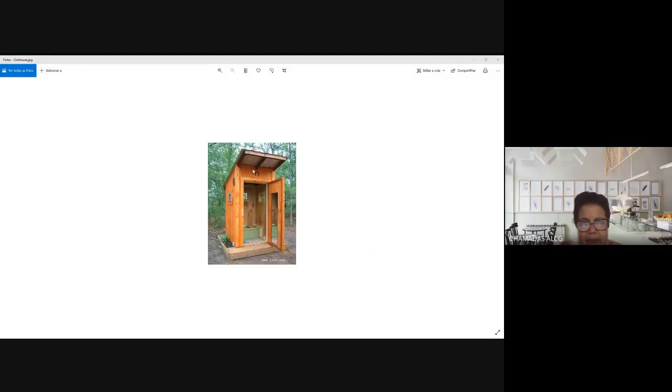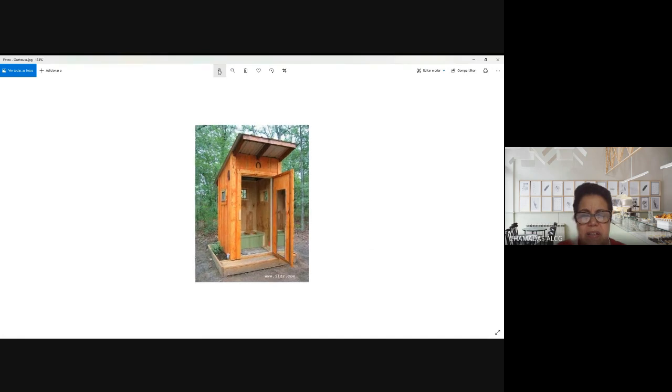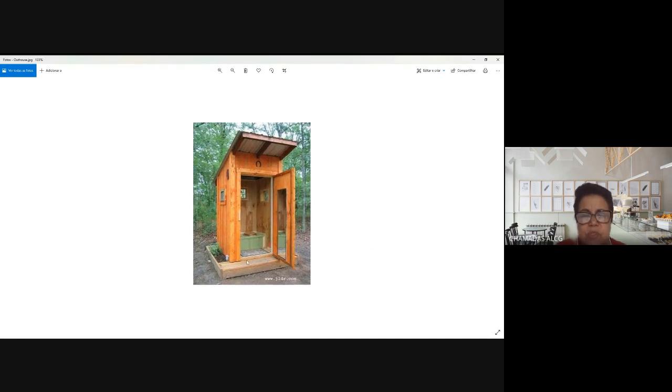Yes. This is an outhouse. Okay, let me make it a little bigger. So this is what we used to have, this kind of bathroom, which is a toilet outside the house.